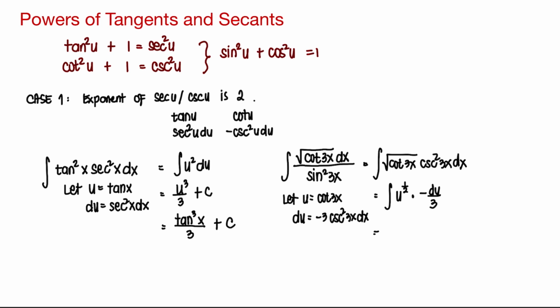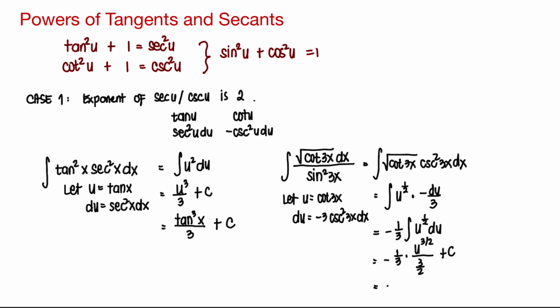So we now have negative 1/3 integral of u to the power of 1/2 du. So that's negative 1/3 times u to the power of 3/2 over 3/2 plus c.